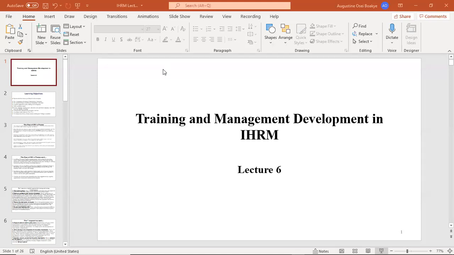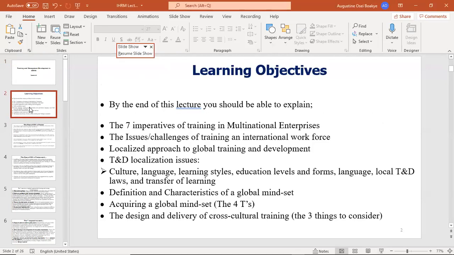By the end of this lecture, students should be able to explain the 7 imperatives of training in multinational enterprises. There have been 7 specific objectives identified to be requisites for the successful implementation of any training or development intervention by multinational enterprises. We'll be looking at them.